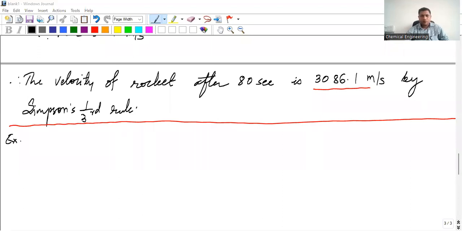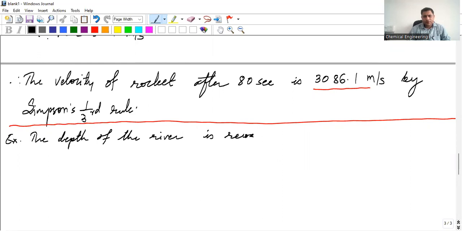So let us go for the next example. The depth of the river is recorded as below.